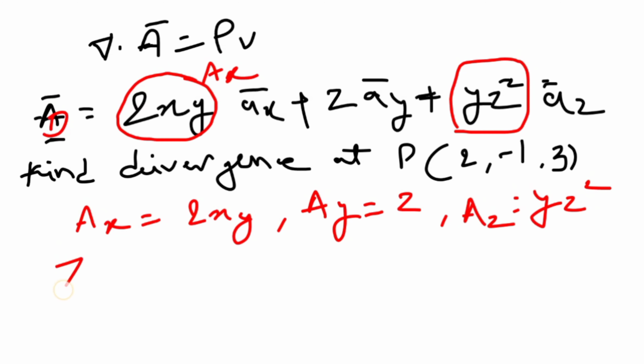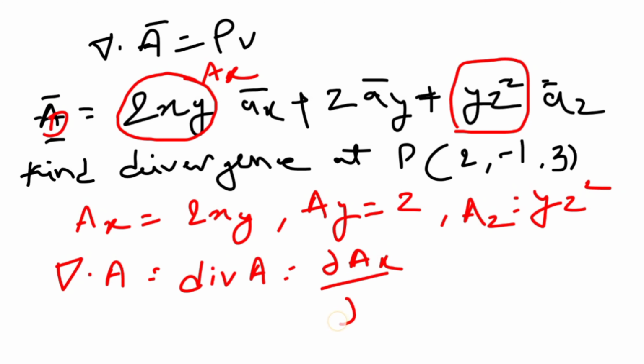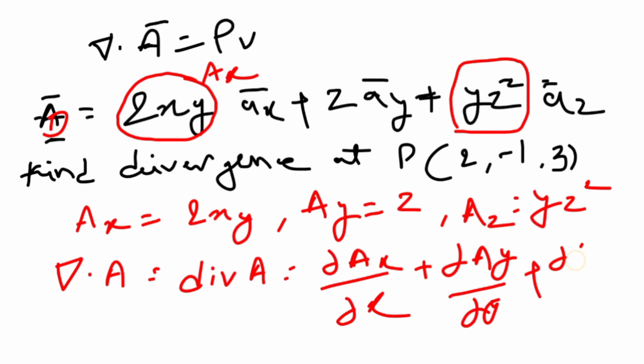Del dot A equals the divergence of A. What is the formula? Dou ax by dou x plus dou ay by dou y plus dou az by dou z. This is the partial differentiation, that is del dot A, the divergence of A.